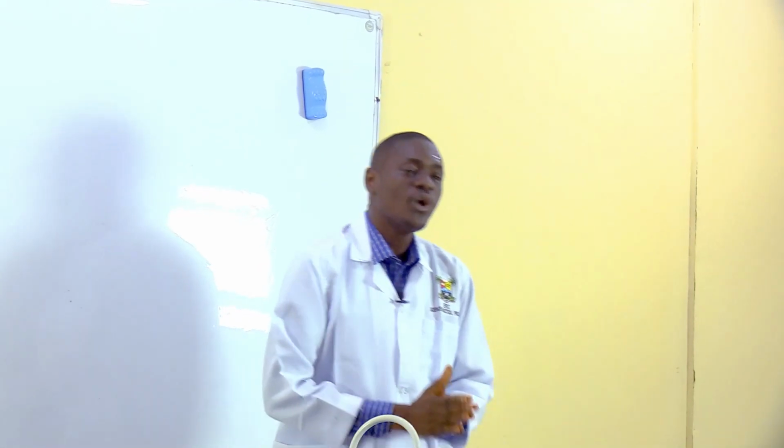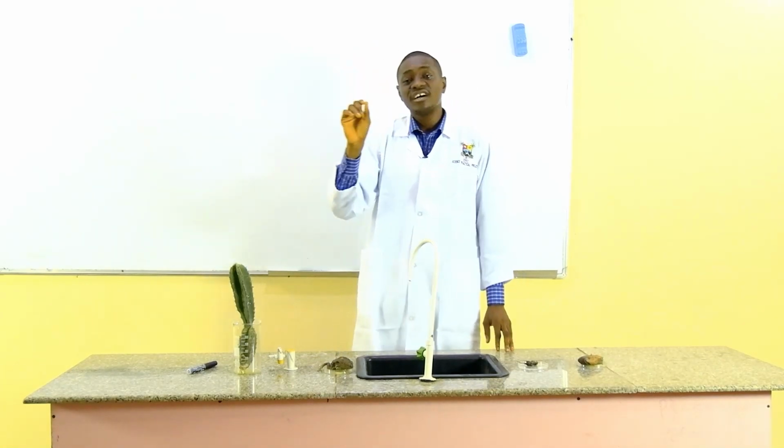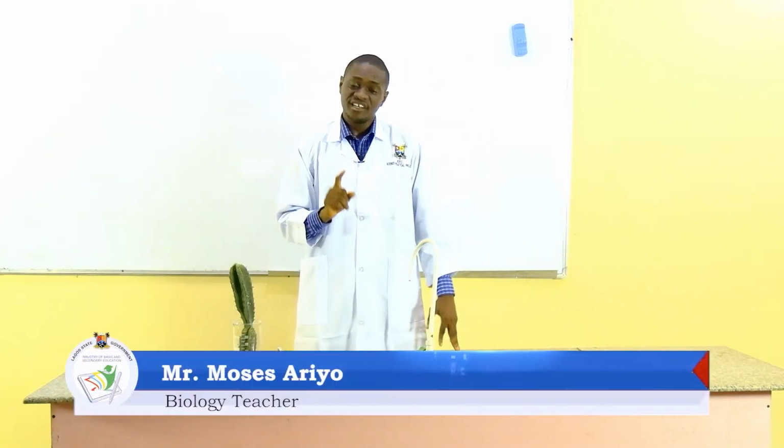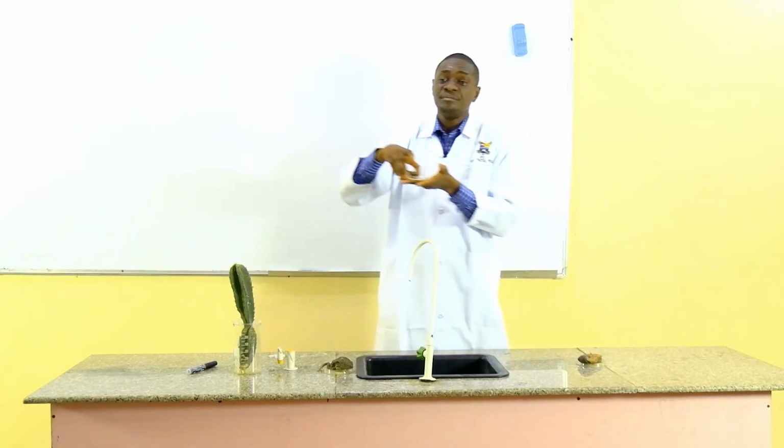Now, when you are to answer a question on differences in an exam, the first thing that you should do is draw a table. There are so many past questions where, if a student does not draw the table, they will remove 1 mark. So drawing a table can fetch you that first 1 mark. So draw a table. On the left side, put specimen A. On the right side, put specimen B.